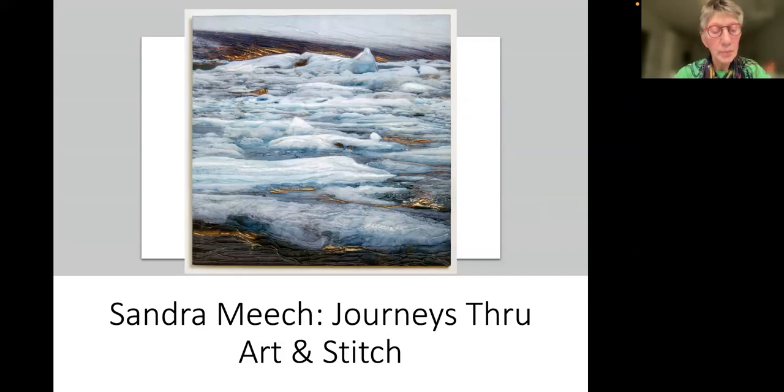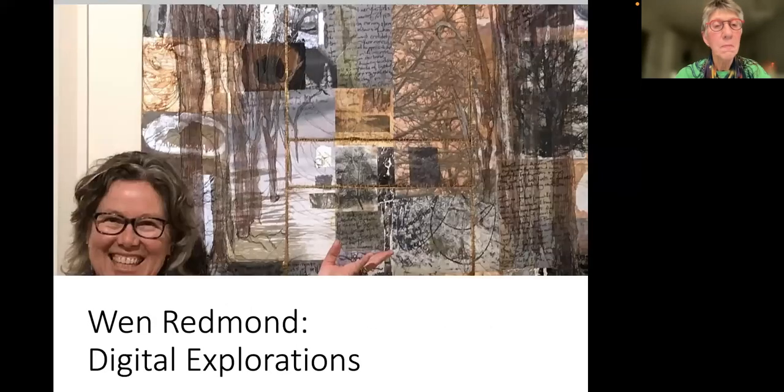And her quilts usually begin with photos, and then she adds paint, collage, and then her images are transferred onto cloth and then machine stitched. And when I look at this piece of art, it just looks so much like a photo. So some of the work she's doing is just fabulous that I have seen on her website, and we're really looking forward to having her with us. Okay, Cindy, the next one.